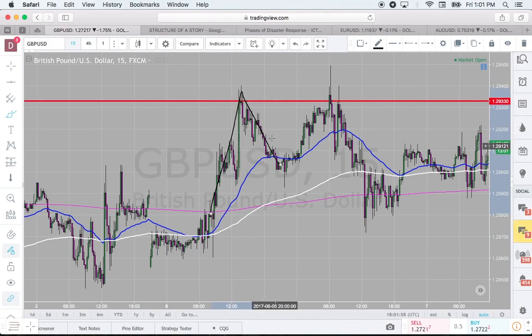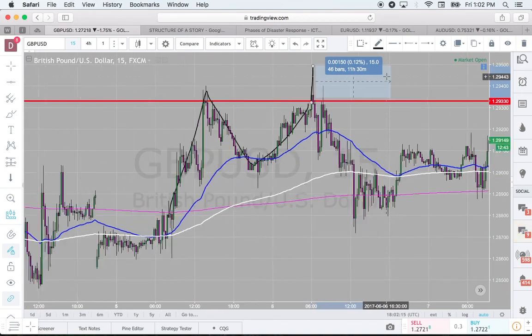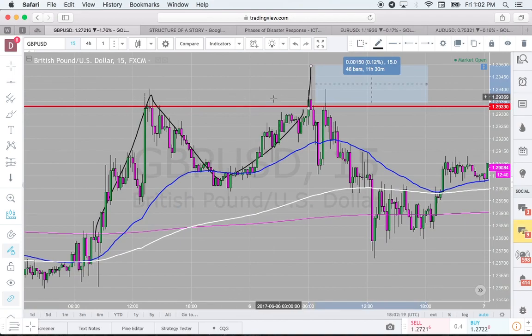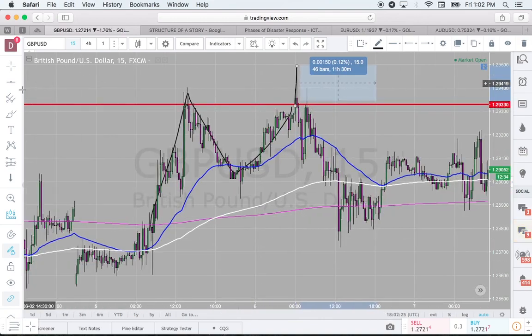We have the first leg, and then price comes down, comes back up, hits the high once more, spikes up about 15 pips above the predetermined high, 15 or 16 pips, and then you can see it drops, and then it stop hunts one more time just to fake out anybody else that maybe caught this and sold right there.